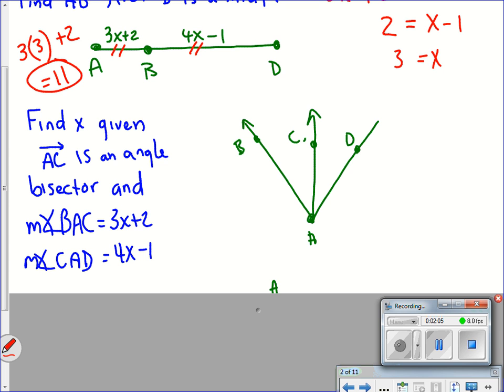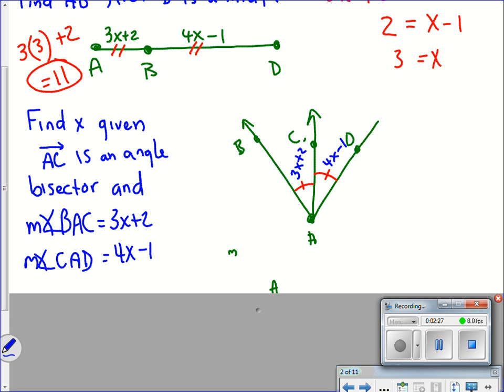How about this problem? Find x given AC is an angle bisector and angle BAC is equal to 3x plus 2 and CAD is 4x minus 1. Let's mark it up. That's the indicator that AC is an angle bisector. It cuts it into two congruent angles. So since those are angles, I'm going to put those measurements inside the angles.